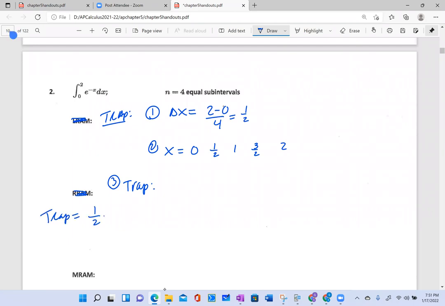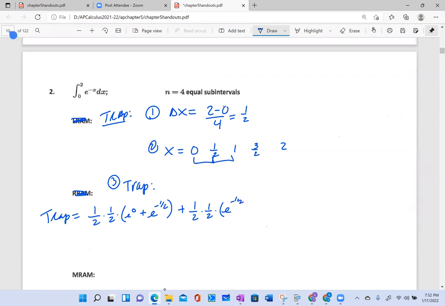1/2 delta x here is worth a half. The first x is e to the negative 0, which is just 1, plus e to the negative 1/2, plus 1/2 times delta x, which is a half. Now I'm on this interval.